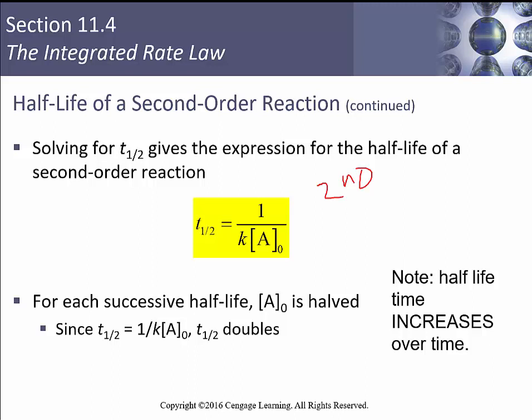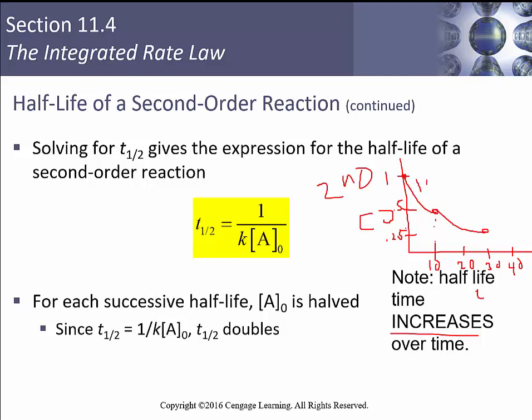So in this case, each successive half-life is going to be doubled. So our half-lives will stretch out. Our half-lives will increase over time. If we look at our original plot where we've got time and concentration, if we had 1, a half, and our second half-life, and if our first half-life took us 10 seconds, our second half-life is going to take us 20 seconds.